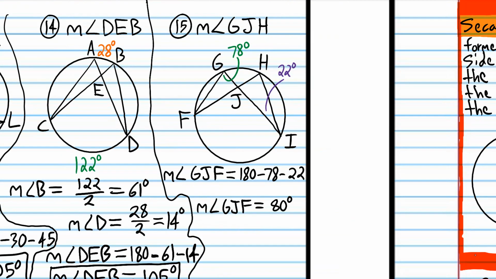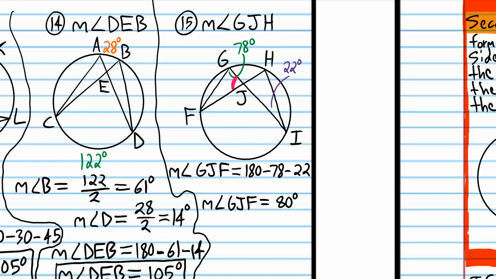So if this angle equals 80 degrees, then we can just subtract that from 180 to get this angle, because we have a straight line segment here, so this angle plus this angle must be 180 degrees because they form a linear pair. So we can say the measure of angle GJH is equal to 180 minus 80.